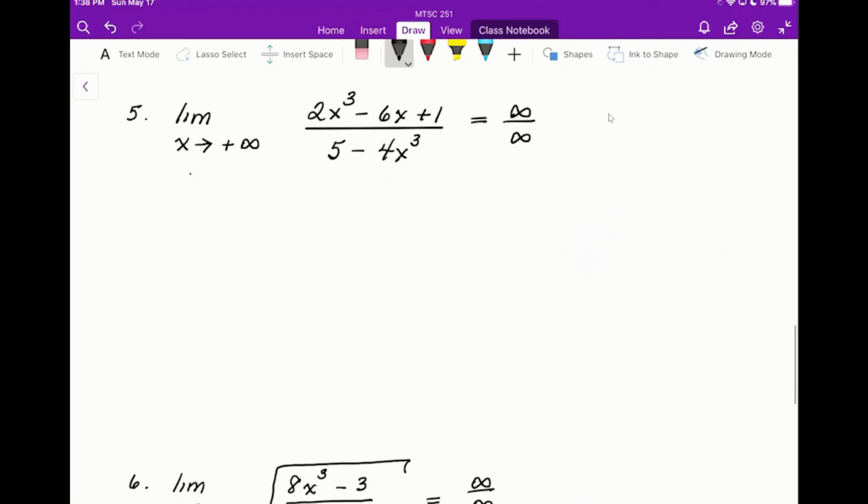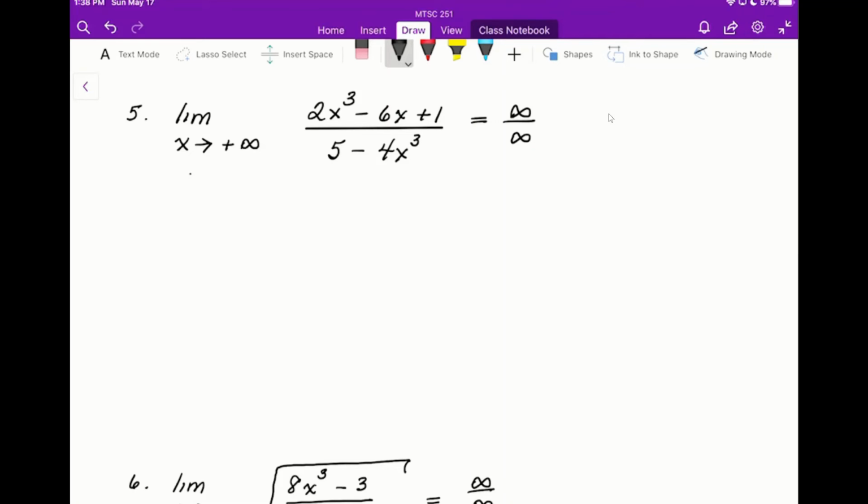Now let's look at the limit as x approaches positive infinity of 2x cubed minus 6x plus 1 over 5 minus 4x cubed. Again, the numerator is going to infinity, the denominator is going to infinity, and we get our indeterminate form. So we need to work harder.